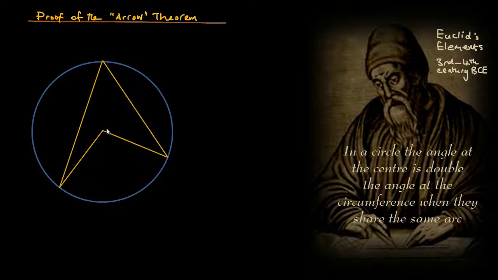Now, in previous proofs we've looked at triangle congruence. Here, clearly, because this could be over to the left or over to the right, we're not going to get congruent triangles, but we are going to get enough information from making 2 triangles to be able to prove the theorem. So how does that work?